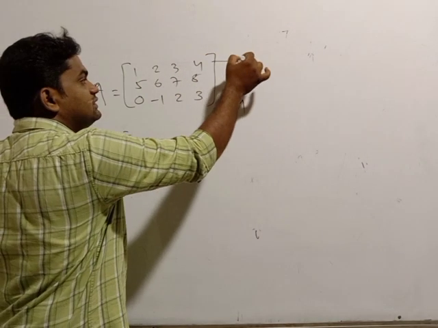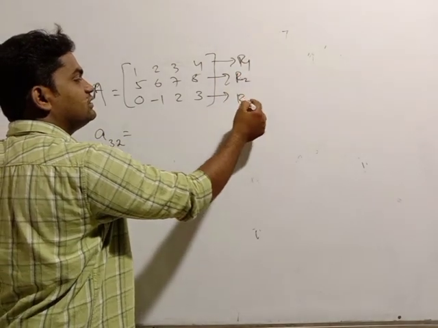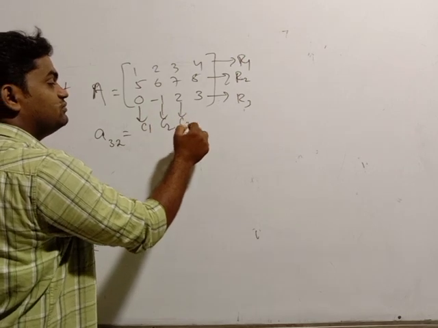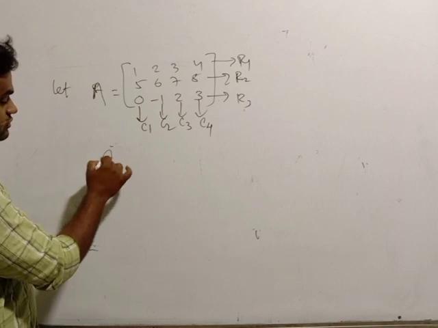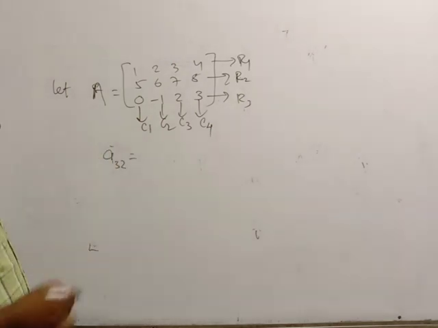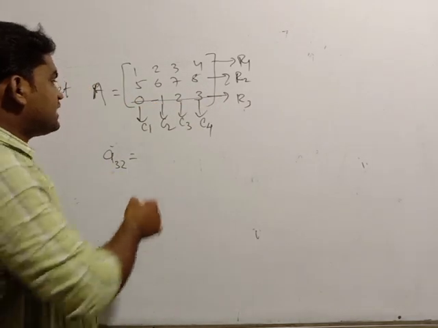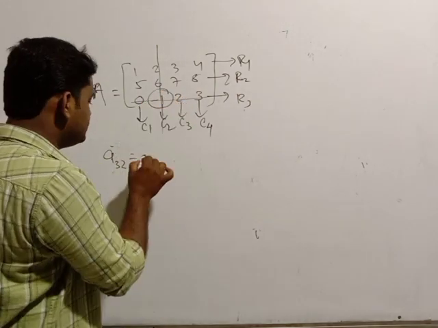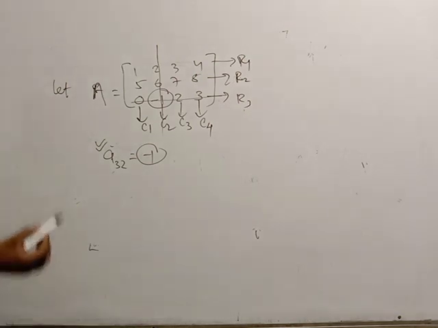This one row 1, row 2, and row 3. This one column 1, column 2, column 3, and column 4. The a32 represents the element present in third row and second column. That means the minus 1 is the element a32 of the matrix A.